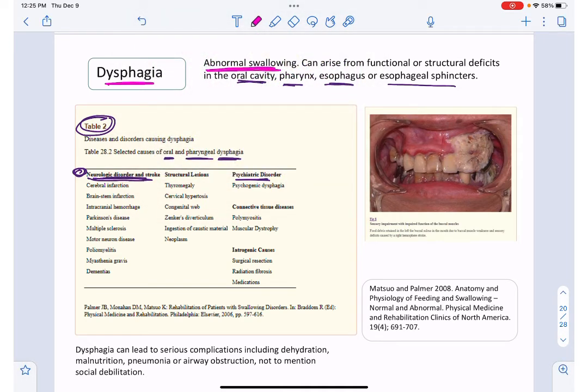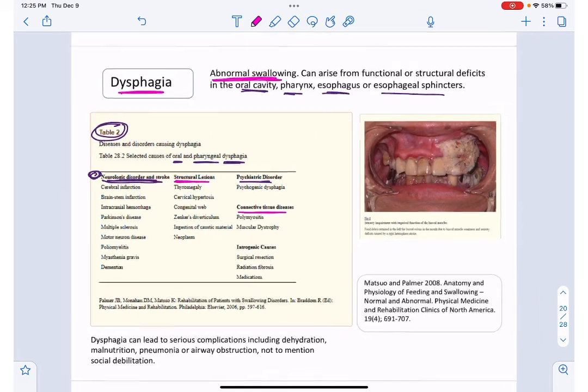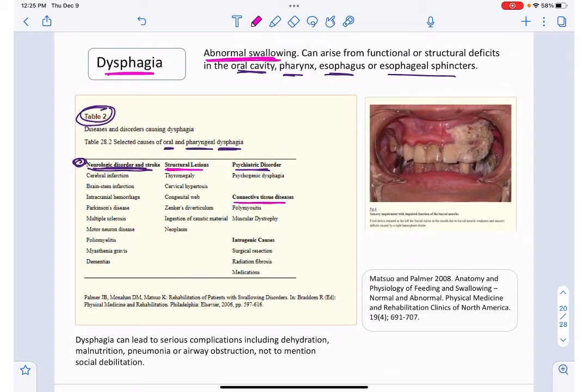Or you can get more structural abnormalities, connective tissue diseases. And this is a serious problem. We take swallowing for granted. We take a lot of things for granted until something goes wrong with them. But it can lead to serious complications, including dehydration, malnutrition, airway obstruction, and just the social debilitation of it all.